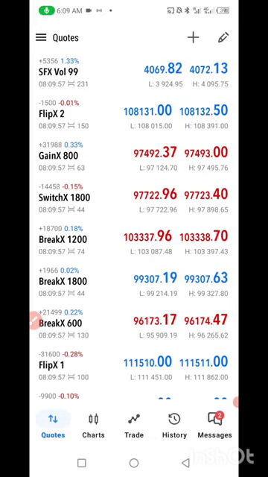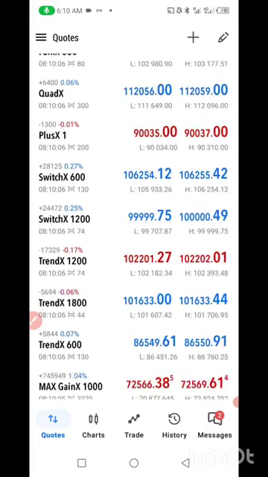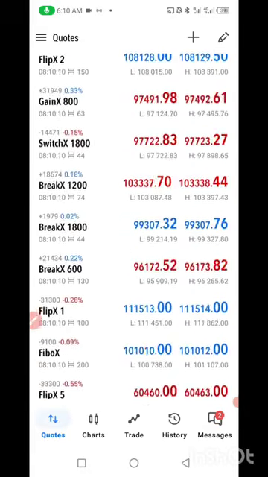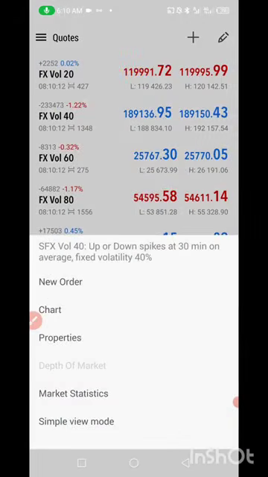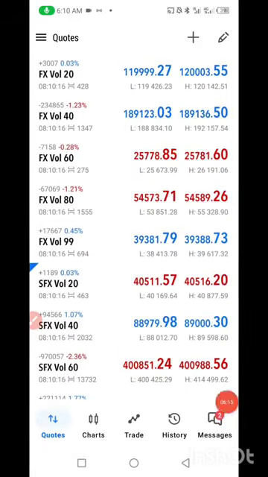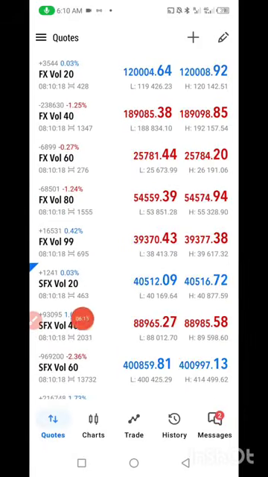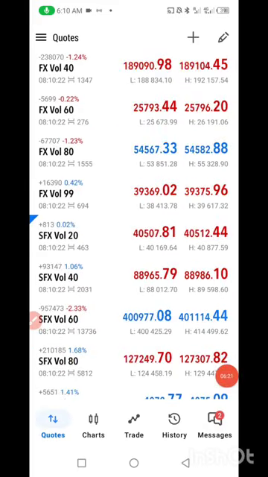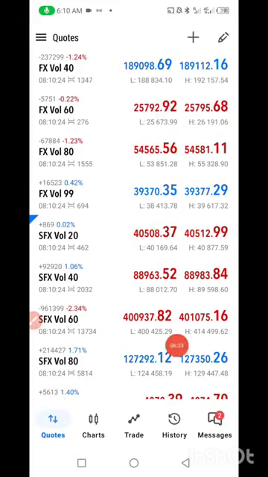Even though you are using the other one, which I promote, I also want you to use this broker. There are assets that are very powerful, assets like these. They are very, very lucrative.